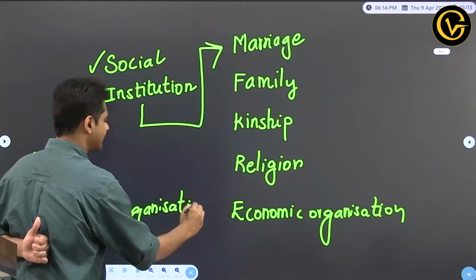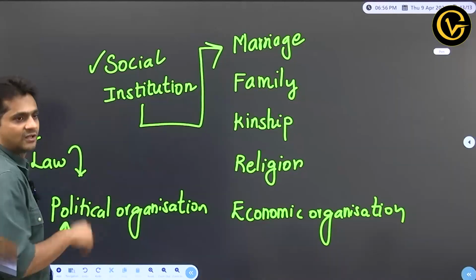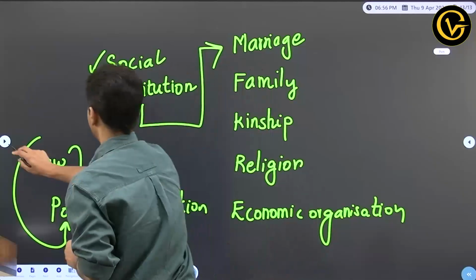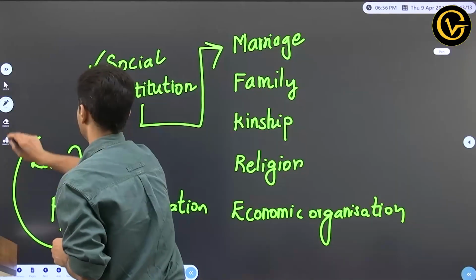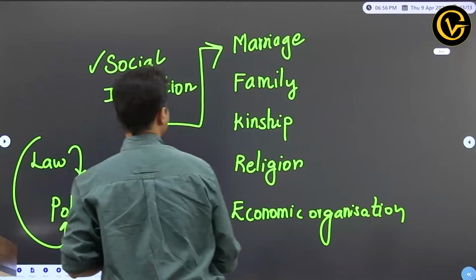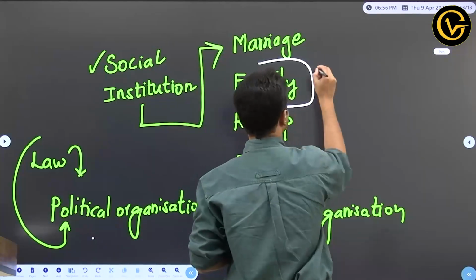Law is very much a part of society, but within that, law is more precisely under the political organization. Often people do not commit wrong out of fear of family.